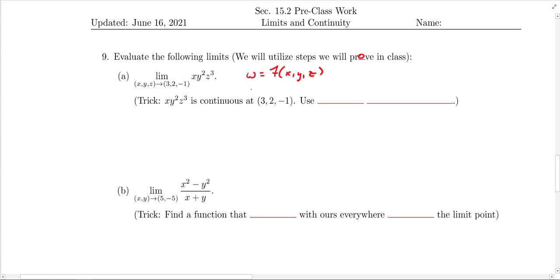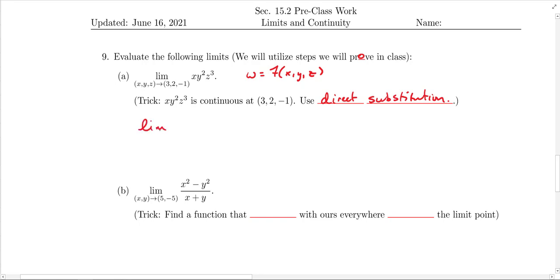And we're going to justify this in class, but the trick is that this function right here is continuous at the point that we're trying to evaluate the limit. So we're just going to use direct substitution, meaning evaluating this limit produces no different output than simply evaluating the function at that point.